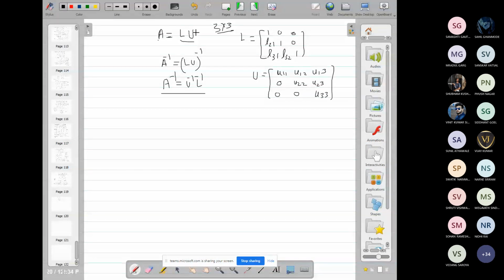So then by using this we can determine L and U. After determining L and U, we can easily obtain L inverse and U inverse.